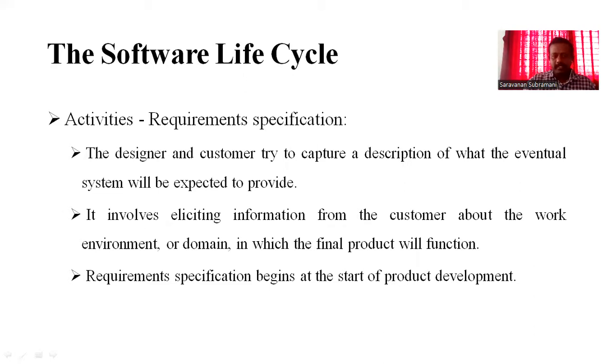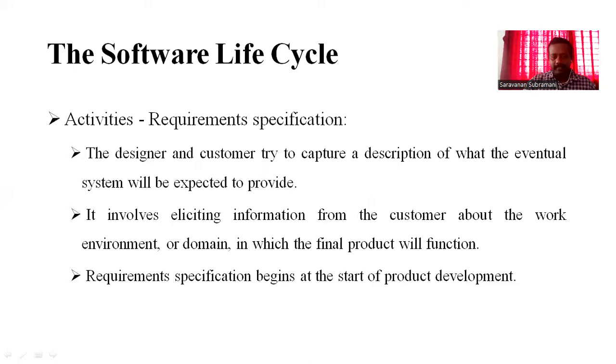The first activity is requirements specification. The designer and the customer try to capture a description of what the eventual system will be expected to provide. It involves eliciting information from the customer about the work environment or the domain in which the final product will function.